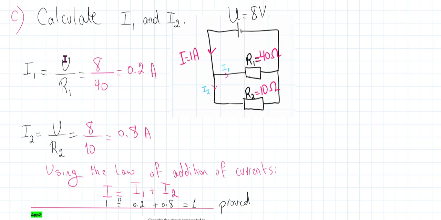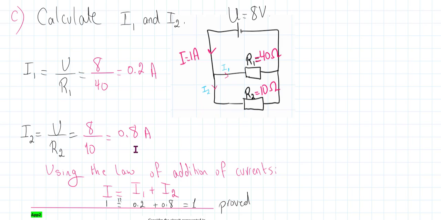So I1 will be equal to U over R1 and I2 will be equal to U over R2. Note that since this connection is parallel, the voltage is the same. We can apply the law of uniqueness of voltage in a parallel circuit. So the voltage is 8, and the resistances are 40 for R1 and 10 for R2. The last answer will be 0.2 and 0.8.